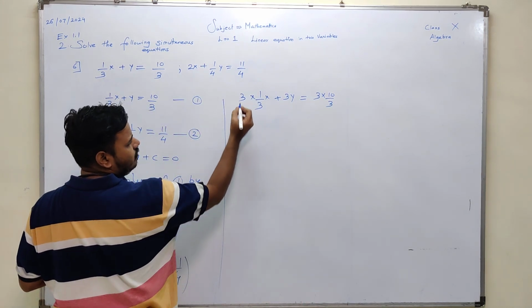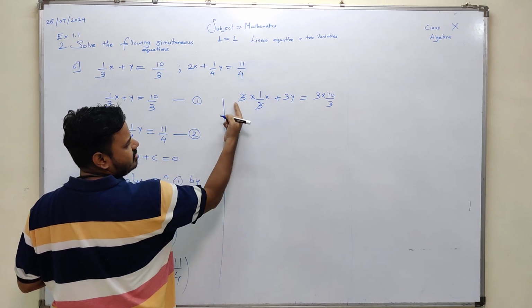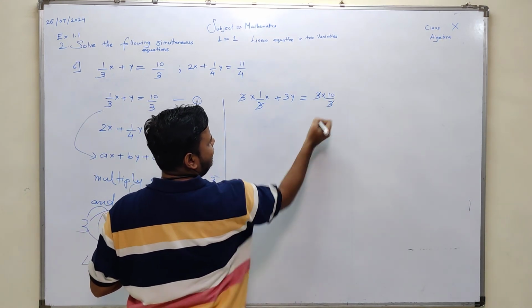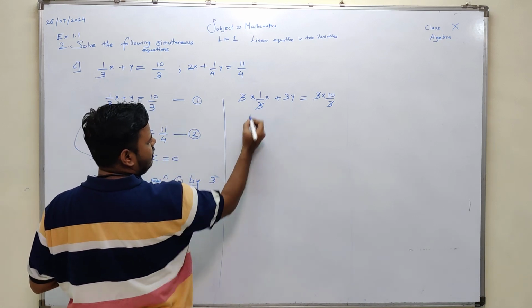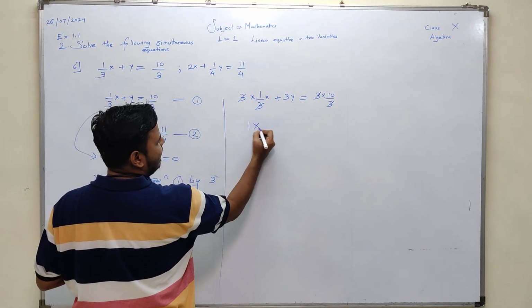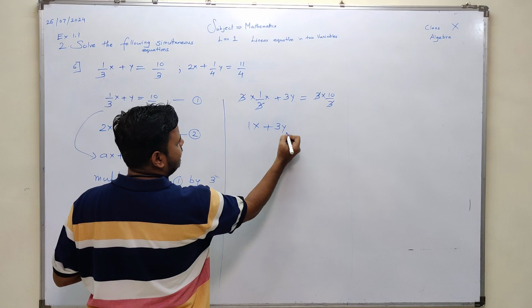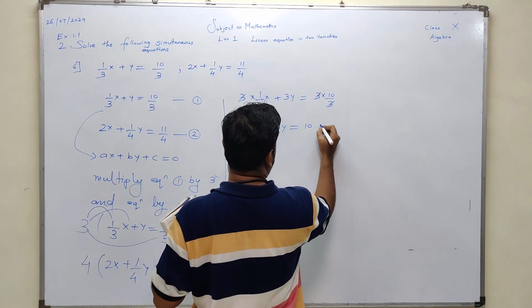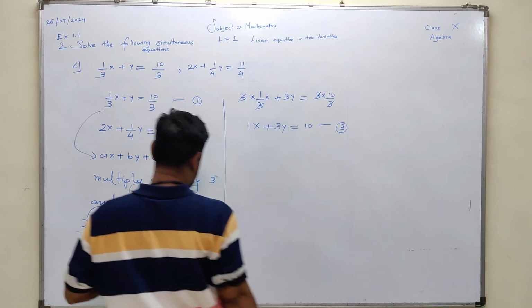Now we can cancel out the numerator and denominator. Here also 3 will get cancelled. So we will get the equation as 1x plus 3y is equal to 10. This will be our equation number 3.